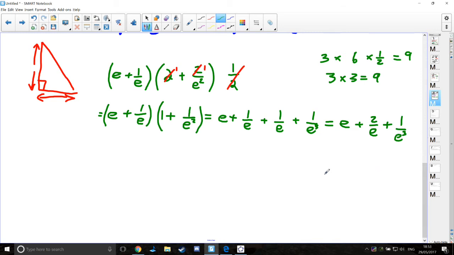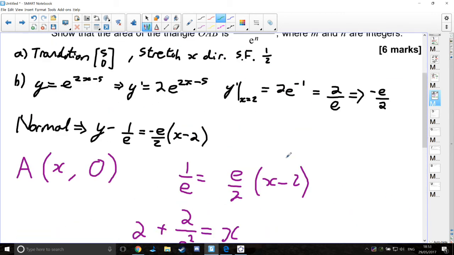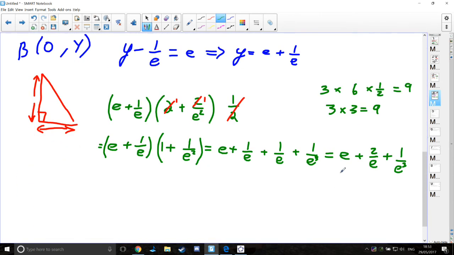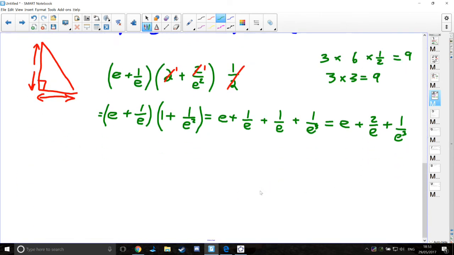But that's not enough. It's got to come out in this strange format here, which just seems besides the point. Let's do it anyway. Okay. So if I'm adding these, I'm going to add them as if I'm adding fractions.